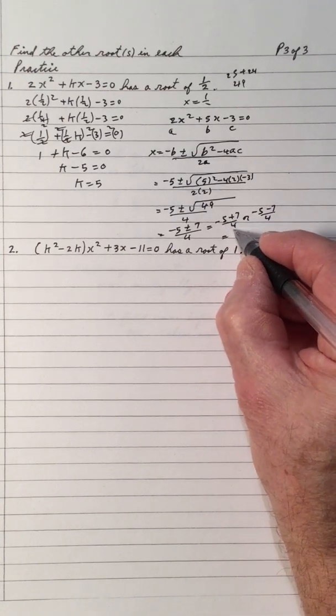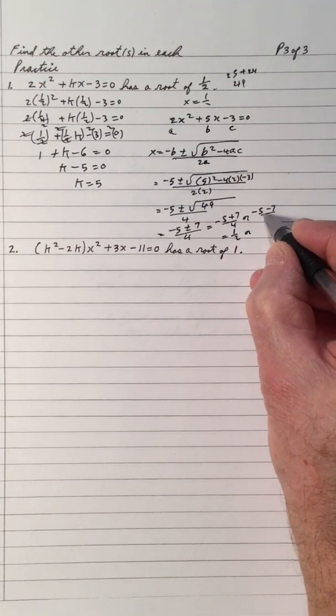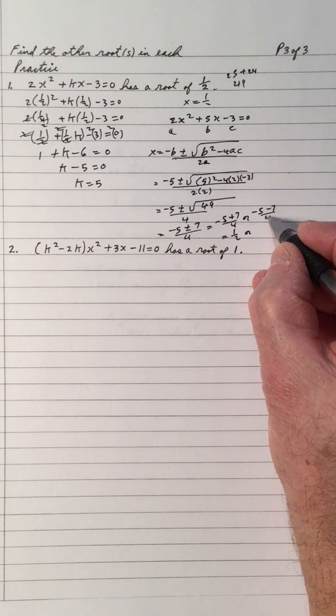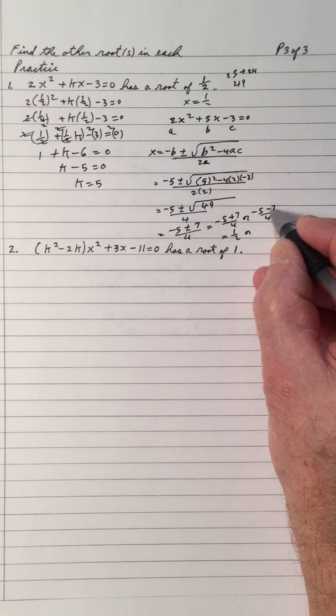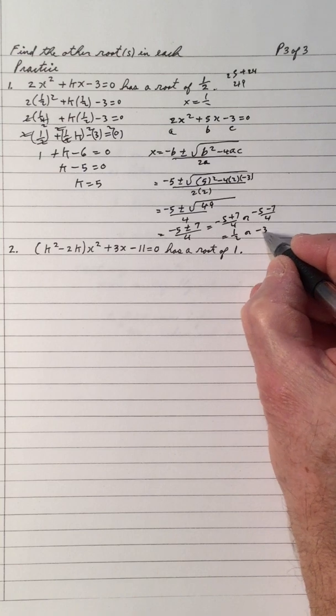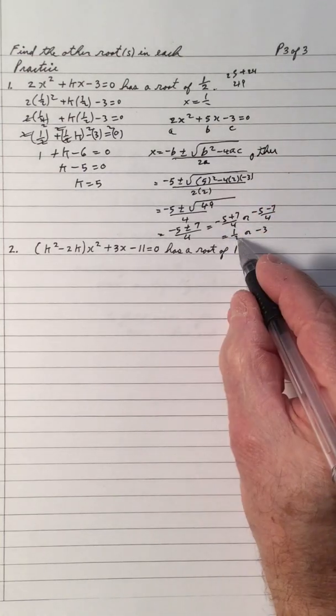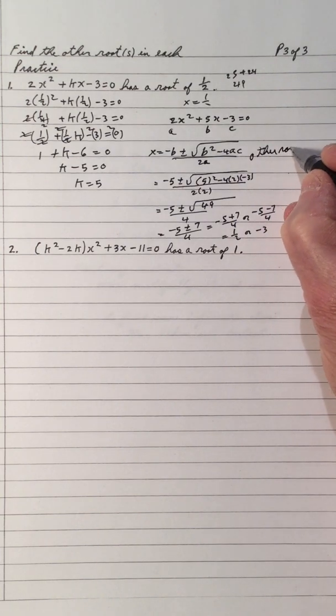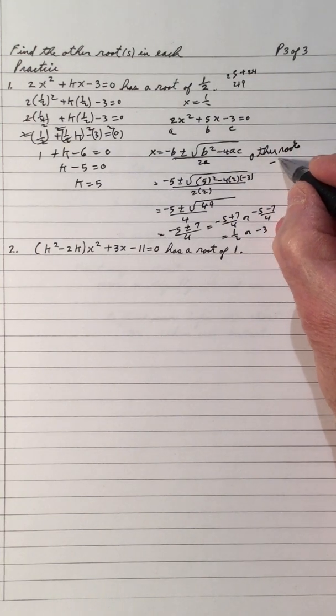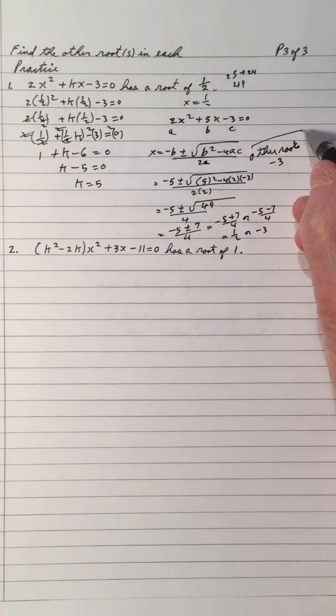So that's 2 over 4, which is a half. And that's negative 12 over 4, which is negative 3. So the other root, remember, one root is a half. What's the other root? The other root is negative 3.